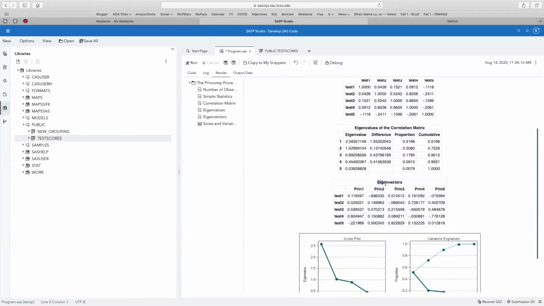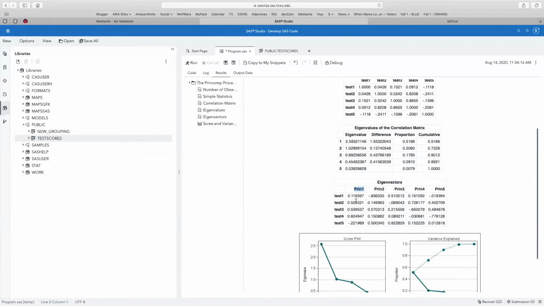The next piece of output is the eigenvectors. So the eigenvectors, again, these are the loadings. Prin1, the loadings for principal component 1, looking down this list, it looks like it's primarily those middle 3 tests.